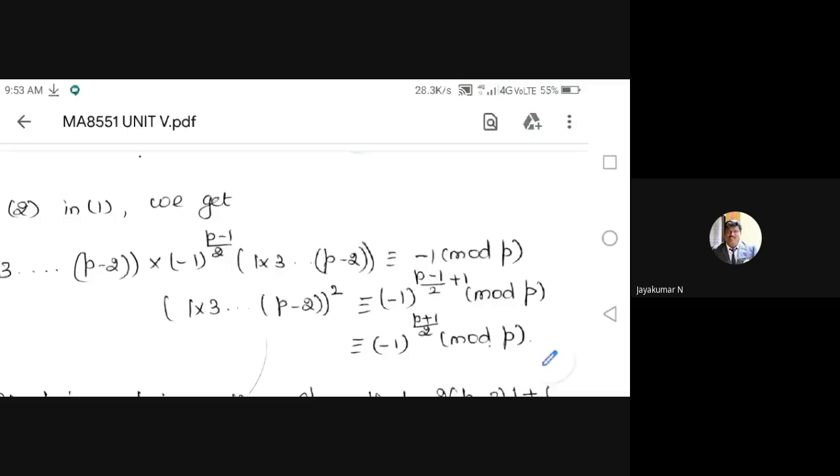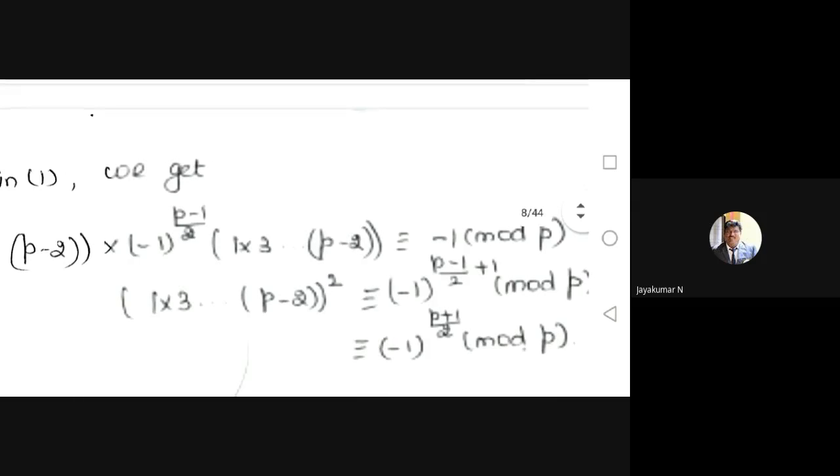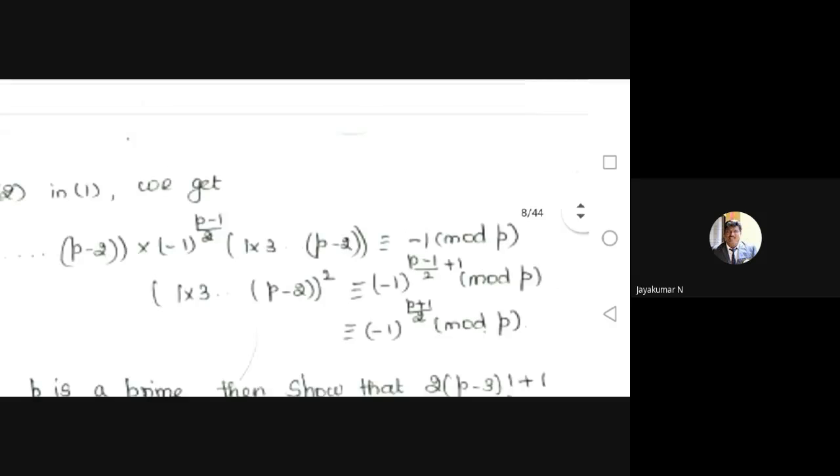By taking 2 as the LCM, you can get P minus 1 plus 2 whole divided by 2, that is P plus 1 by 2. So 1 into 3 into up to P minus 2 the whole square is congruent to minus 1 to the power P plus 1 whole divided by 2 mod p.